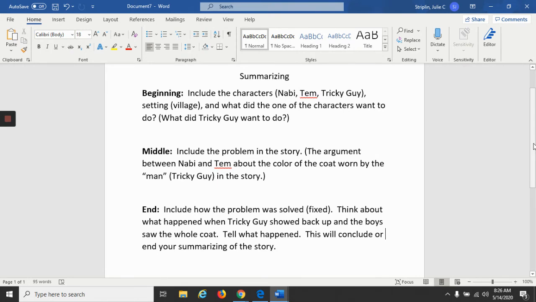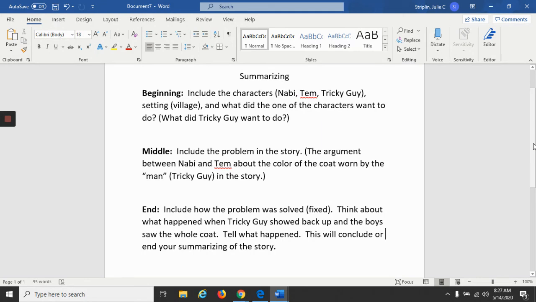Naby and Tim were arguing about the color of the coat worn by the man. Remember, they didn't know it was Tricky Guy yet. So they were arguing about the color of the coat worn by the man in the story. And it's only because, remember, they only each saw one side of it, so that's why they were arguing about that.